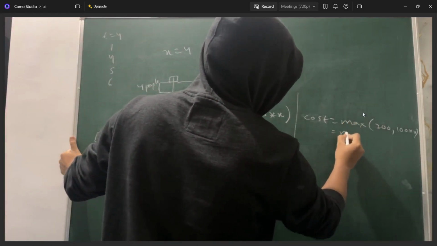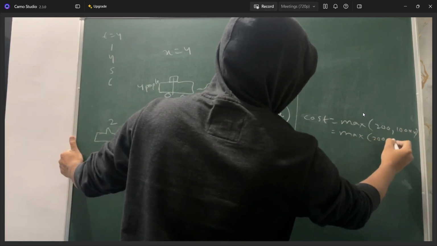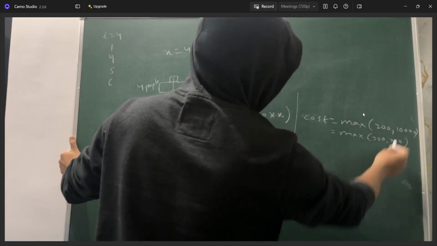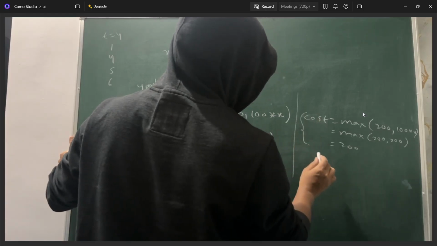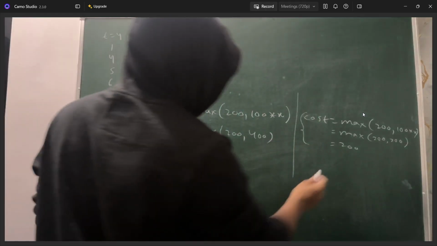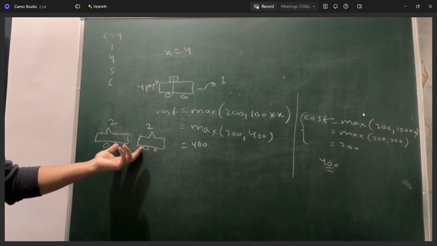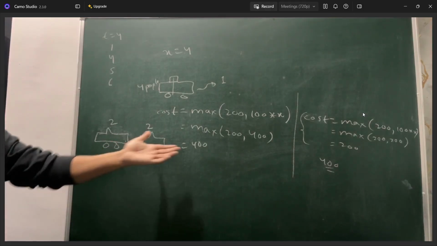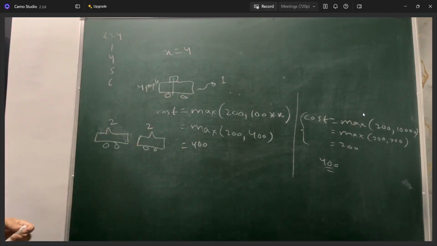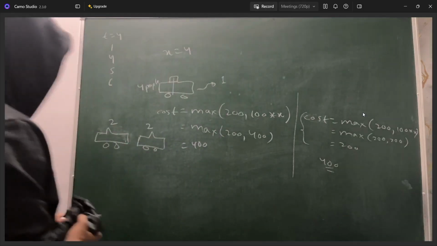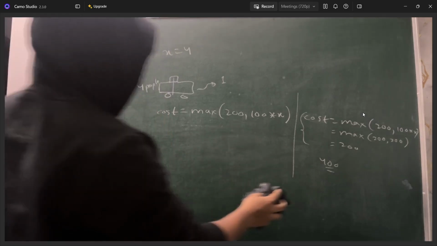In one car the people sitting are 2, so X is 2, which is 2 into 100, which is 200. Similarly for the second car you get 200, so 200 plus 200 is 400. So even if you book 2 cars you get the same 400, and if you book one car you get the same 400. Let's try to understand by taking other examples why I booked 2 cars, why not 1.